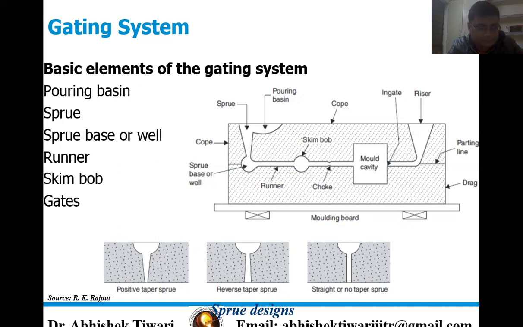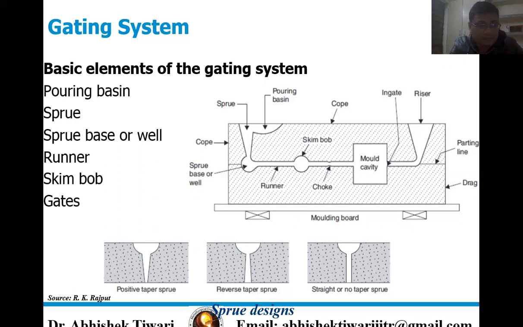Now, gates, also called the in-gates, are openings. In this figure, we can see this is the in-gate. These are the openings through which the molten metal enters the mold cavity.